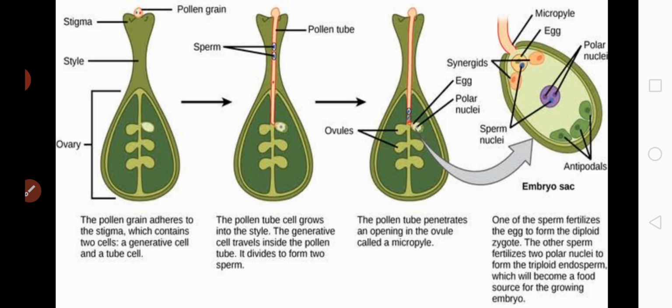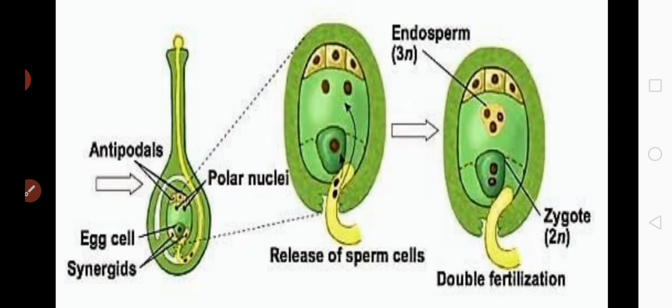Okay, so in the embryo sac, here one of the male gametes fuses with the female gamete, that means with the egg cell, to form the zygote, whereas the other male gamete fuses with the secondary nucleus to form the primary endosperm nucleus. Okay, so here you can clearly observe the release of sperm cells or the male gametes.